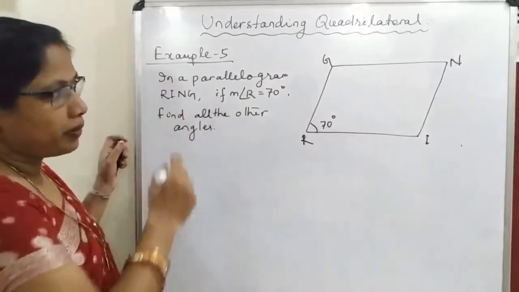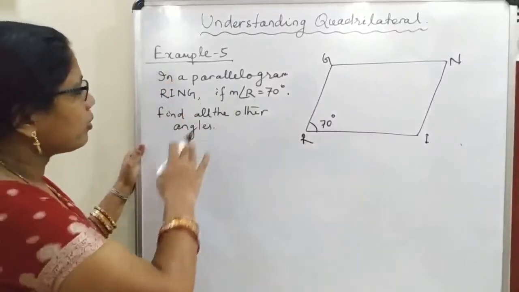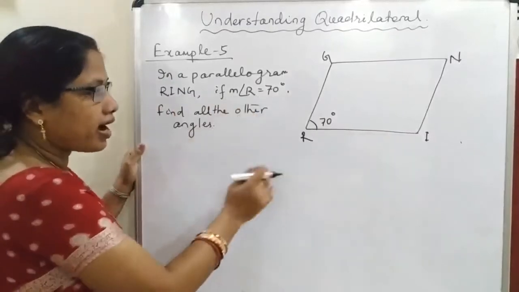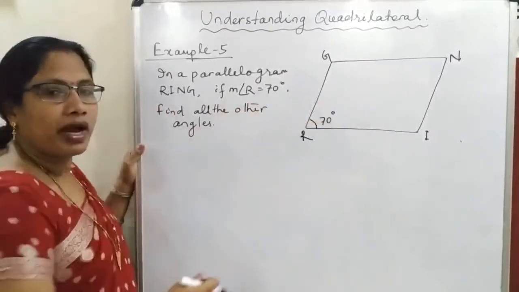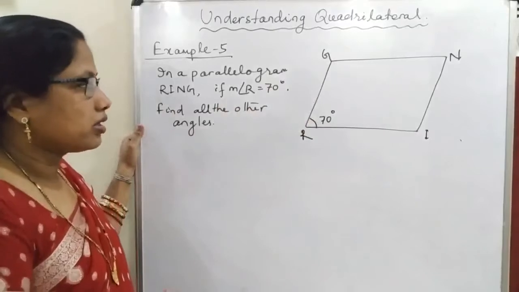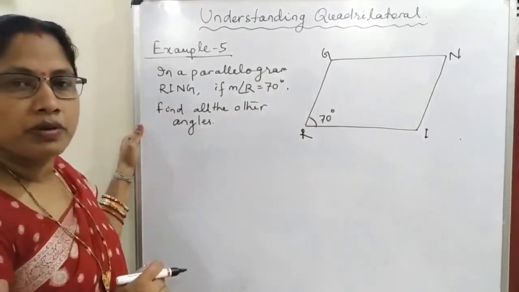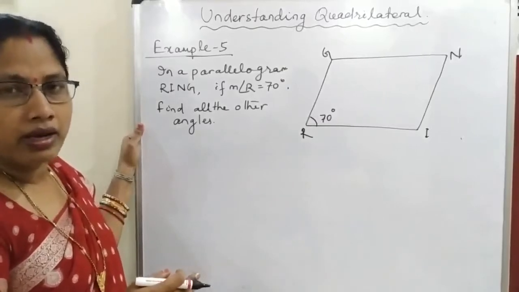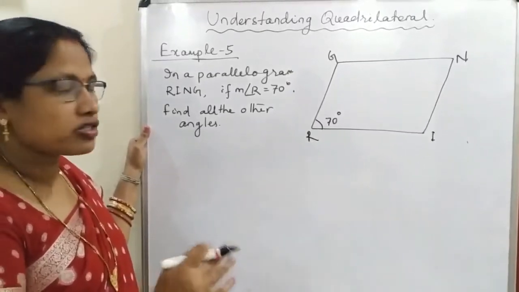Next example 5. In a parallelogram RING, if angle R is 70 degree, then find all other angles. We know that the properties of parallelogram, here the opposite angles are equal and the adjacent angles are supplementary.